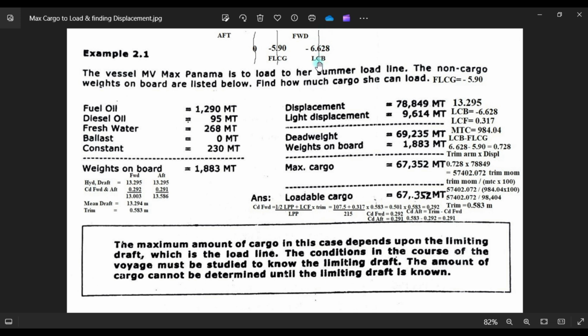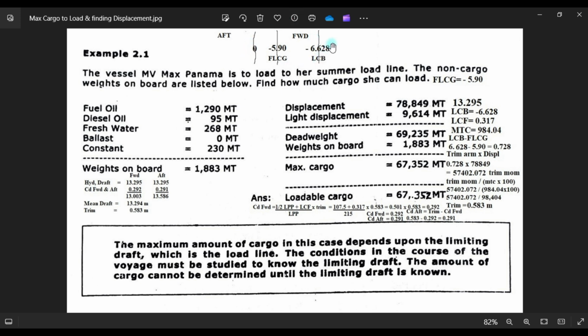Okay, take note that the final LCG is behind the LCB, meaning the LCB is forward of the final LCG.